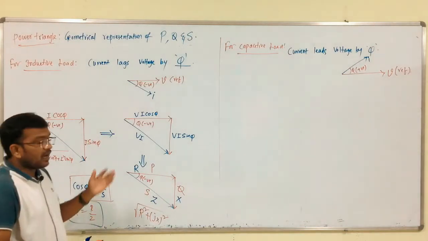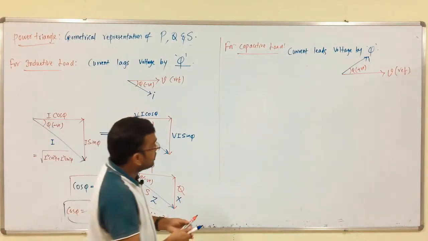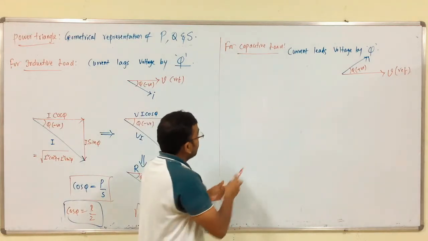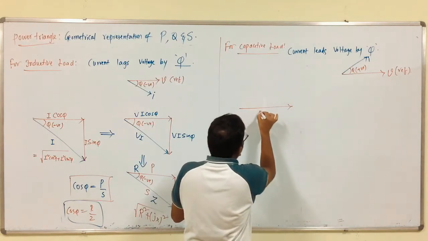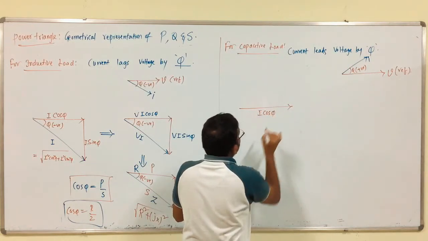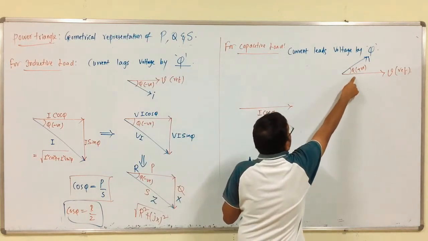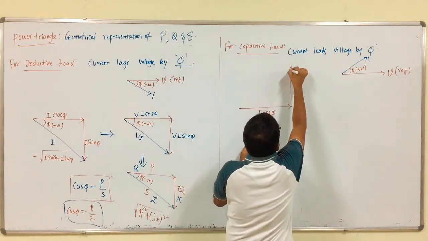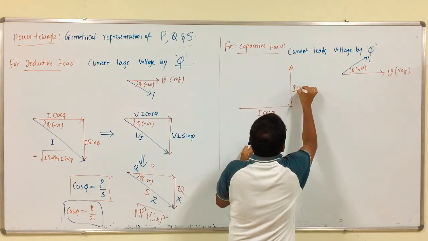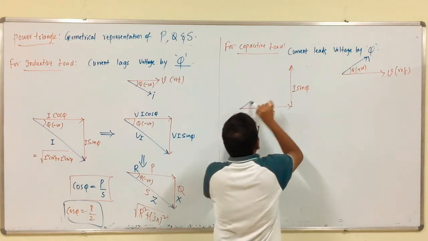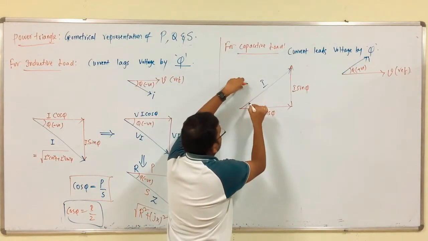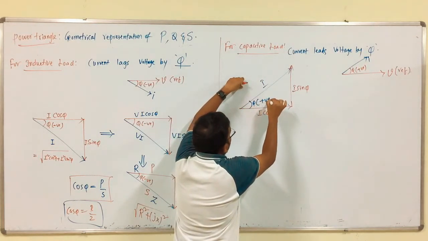So, this is the power triangle for inductive load. Like this, with respect to this phasor diagram, we draw the power triangle for capacitive load. First, we write the cos phi component, that is I cos phi. The current leads this phasor by some phase angle. Obviously, we get I sin phi, and the resultant is I. Current leads by some angle, that is phi positive.